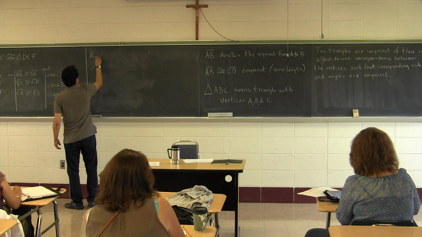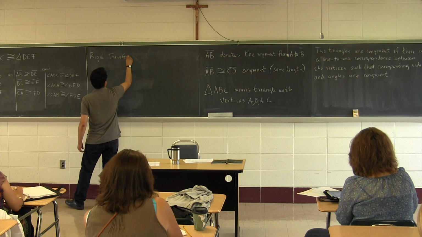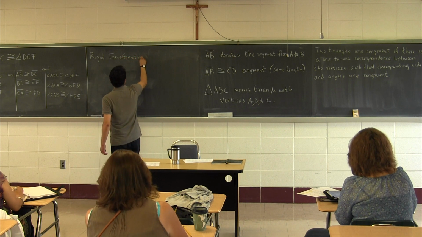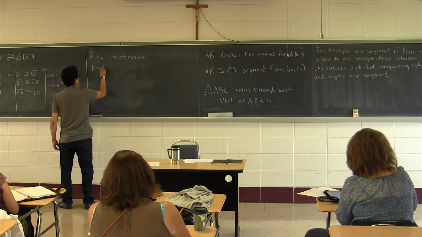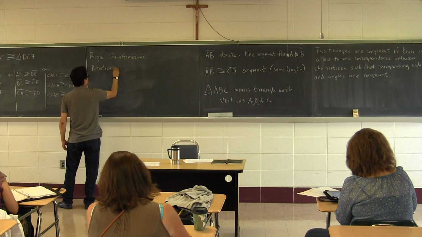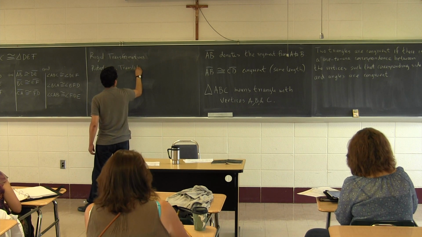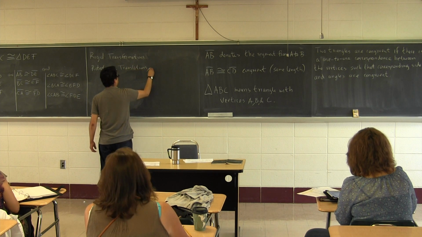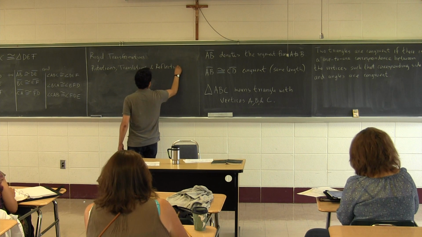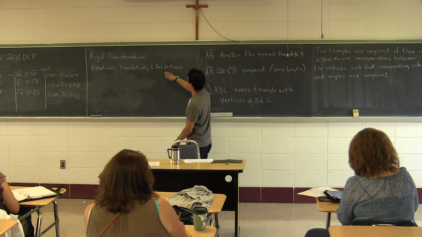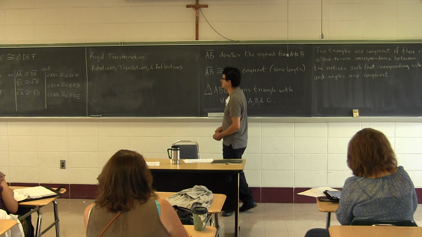So rigid transformations are basically rotations, translations, and reflections. And actually, any rigid transformation can be written as several reflections, up to 3 reflections.